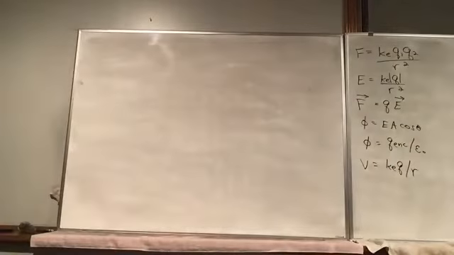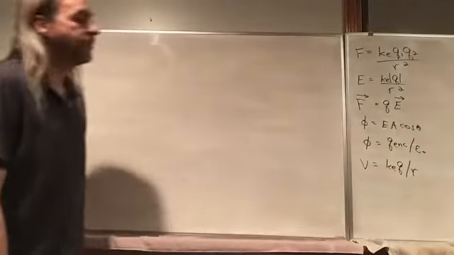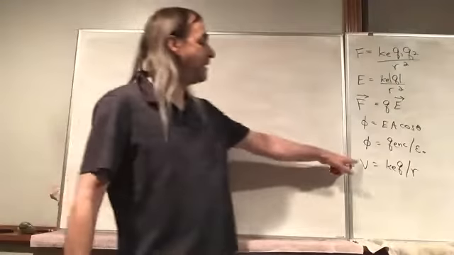For a point particle, the electric potential at any point a distance r away is k_e Q over r. Electric potential is a scalar, but it has a plus or a minus sign. That's the electric potential due to a single point charge.